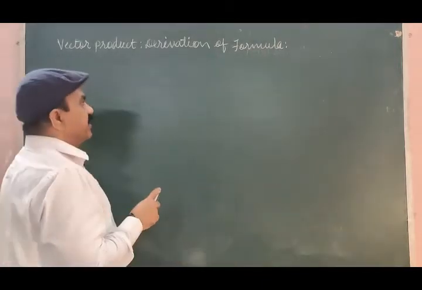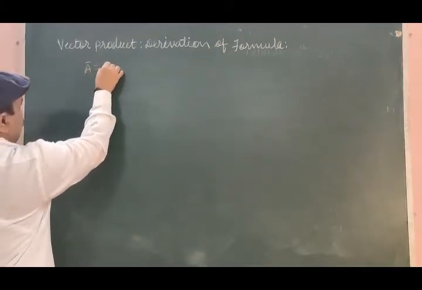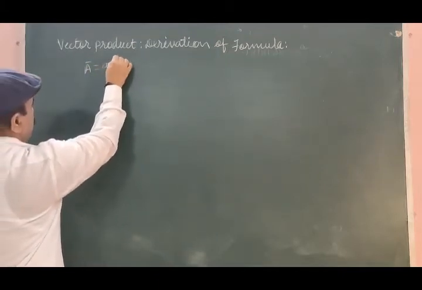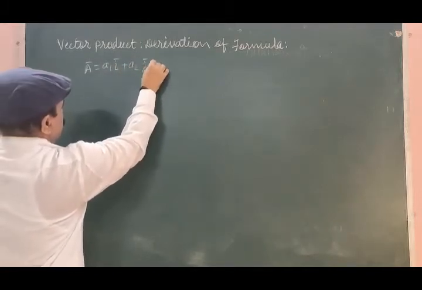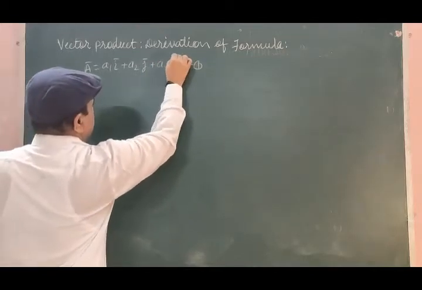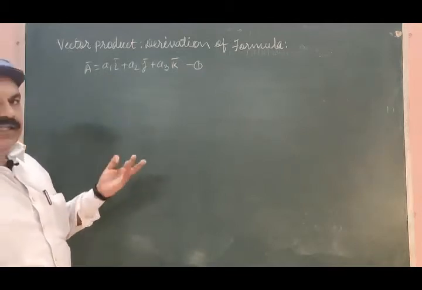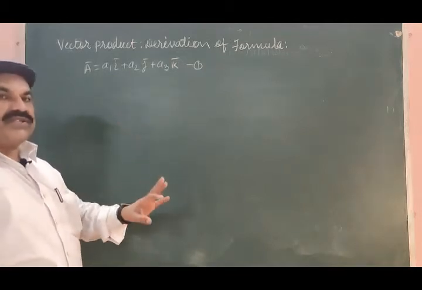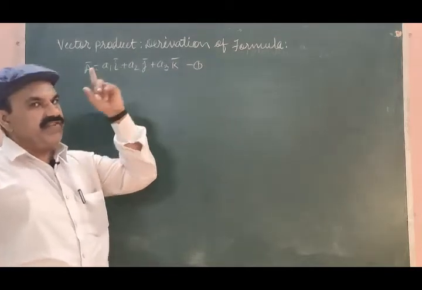Let me consider two vectors. Vector A is equal to a1i plus a2j plus a3k. Vector A in terms of unit vectors is a1i plus a2j plus a3k, equation 1.